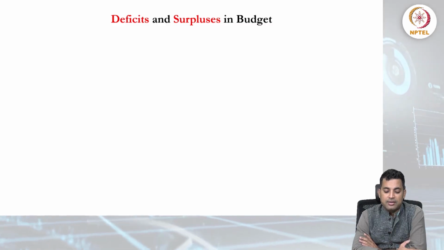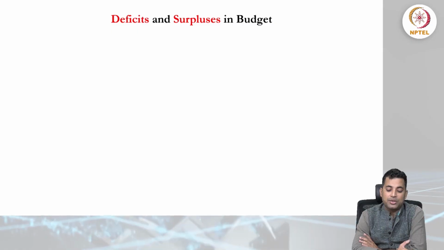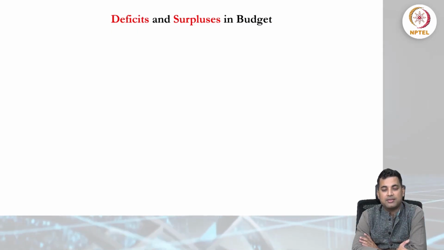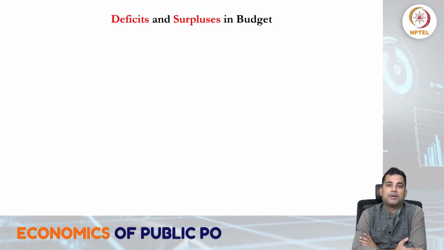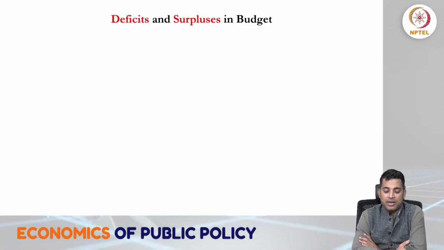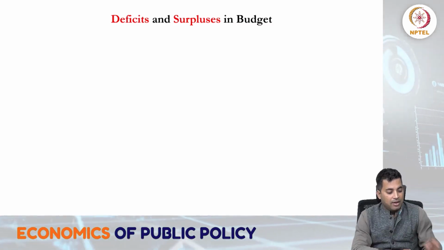So today let's begin our discussion on deficits and surpluses in the budget, because these are everyday macroeconomic debates and language that we always hear as a student of economics: budget deficits and budget surplus. So what does that mean?